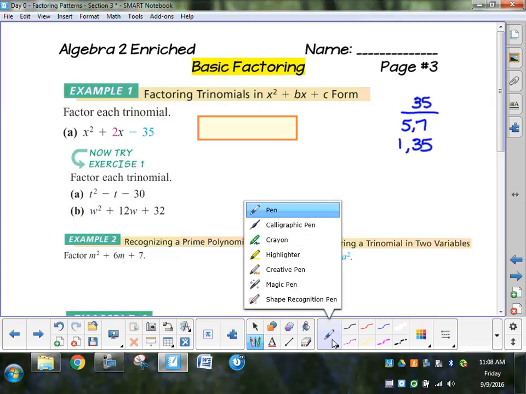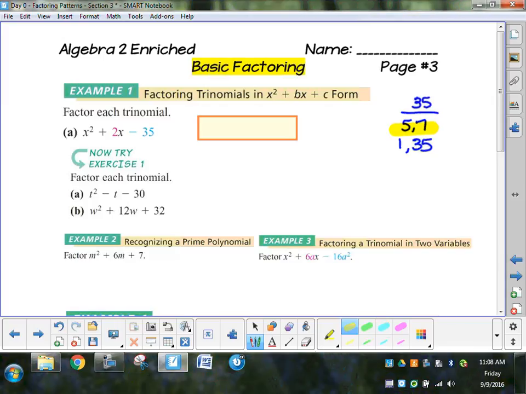Well, my first candidate that I think I'm going to try are these 2 here. The way that this factor pattern works is I need values in the beginning, and you're going to give me 2 sets of binomials. You can fill in that lead value, because the lead value is what's going to have to multiply to give you the x squared. That's going to be an x times an x. I need to fill in the secondary part.